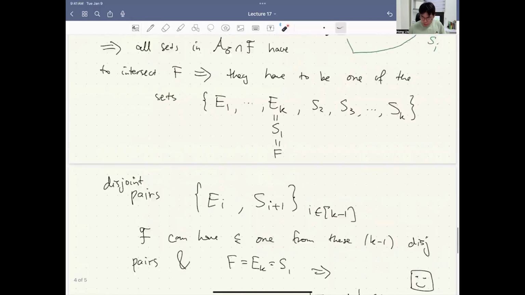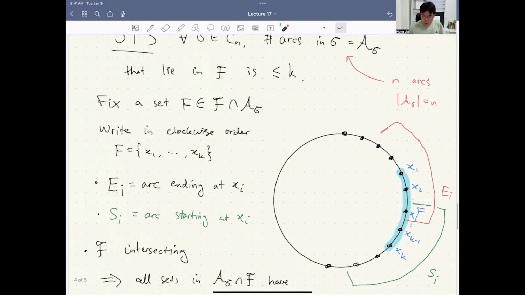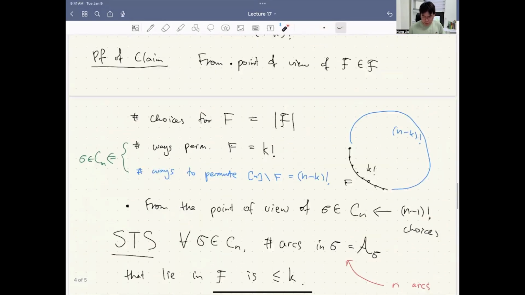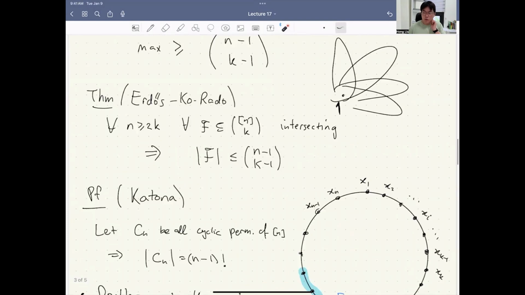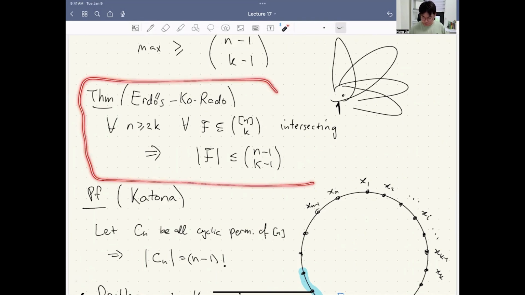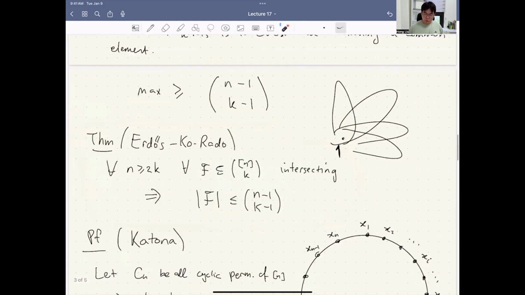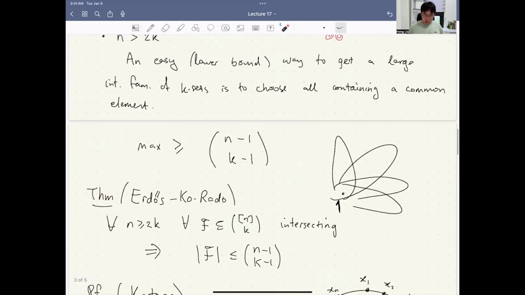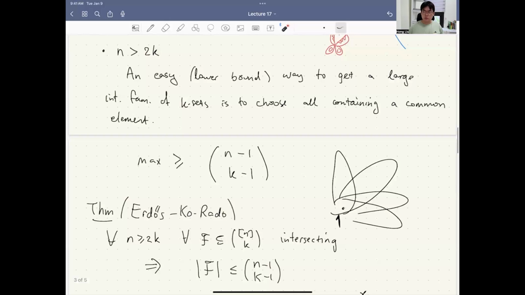So actually, one can show something stronger. Let's look at the extremal example, meaning the maximum size set. For n equals 2k, there are multiple extremal examples.